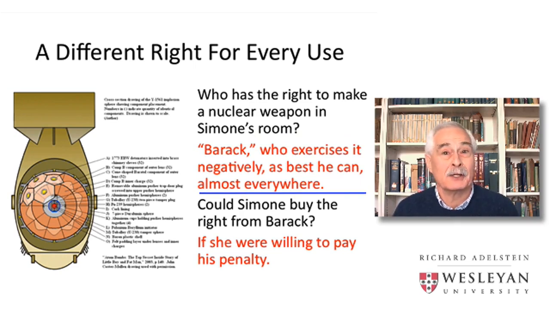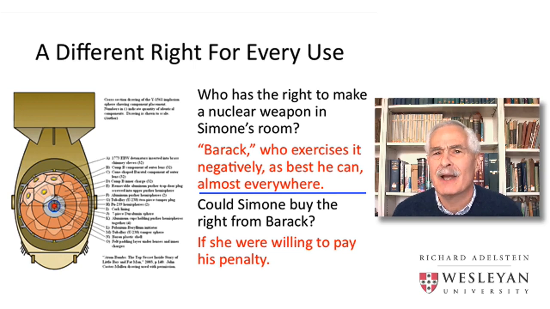And we'll personalize the government by calling it Barack, who happens to be, as I speak, the President of the United States. Barack has the right to make nuclear weapons in Simone's room, and he exercises it negatively as best he can, not just in Simone's room, but everywhere.